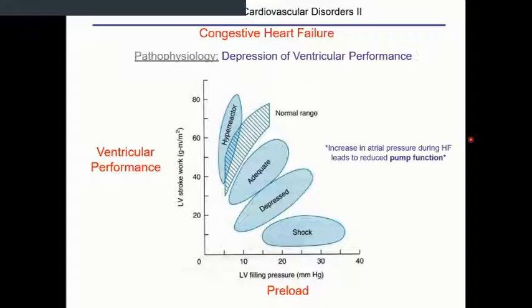The term right heart failure is used to describe patients with predominantly peripheral signs and symptoms of congestion with relative paucity of pulmonary congestion. While acute decompensated heart failure refers to an episode of acute or subacute deterioration because of a wide range of precipitants. The vast majority of these events are marked by systemic and pulmonary congestion.